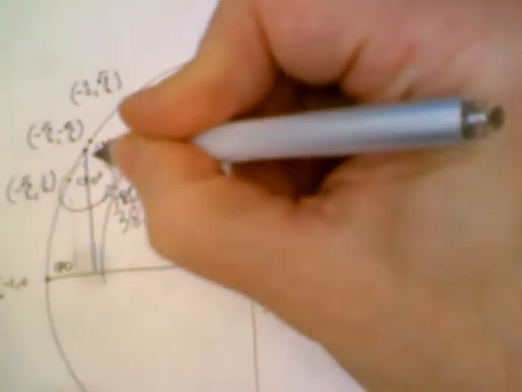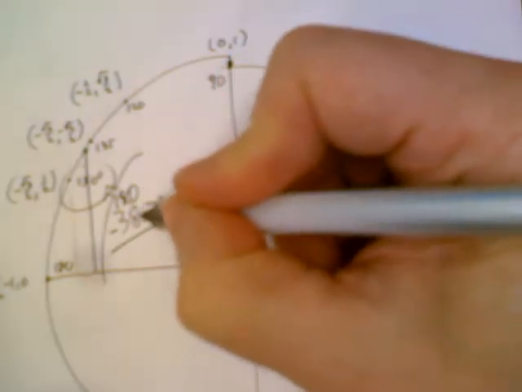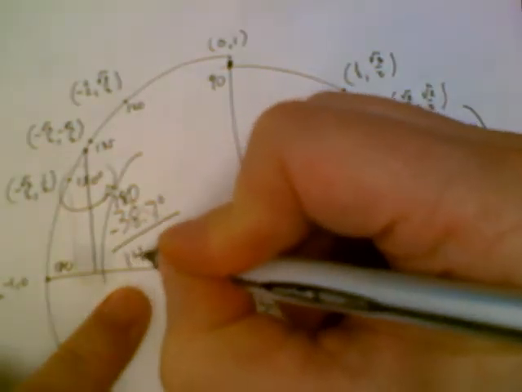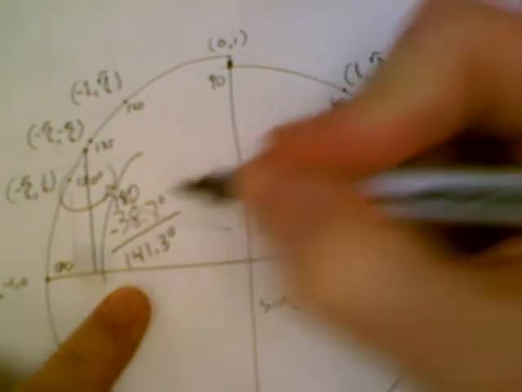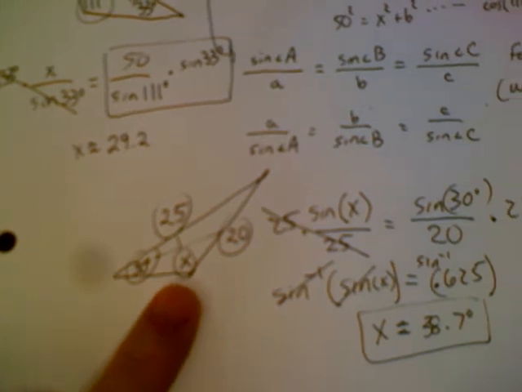So we would find that angle measure by subtracting the answer that the calculator gave us from 180 to get 141.3 degrees. And if we go back to the problem we were working on, I'm sure that looks like a much more reasonable answer. Here's the diagram. You tell me, 38.7 or 141.3? 141.3 looks a lot more reasonable.